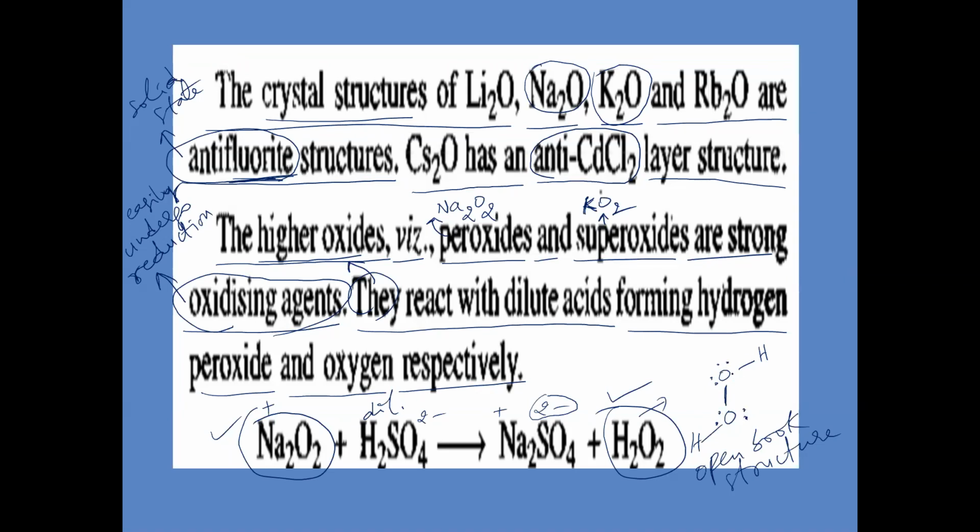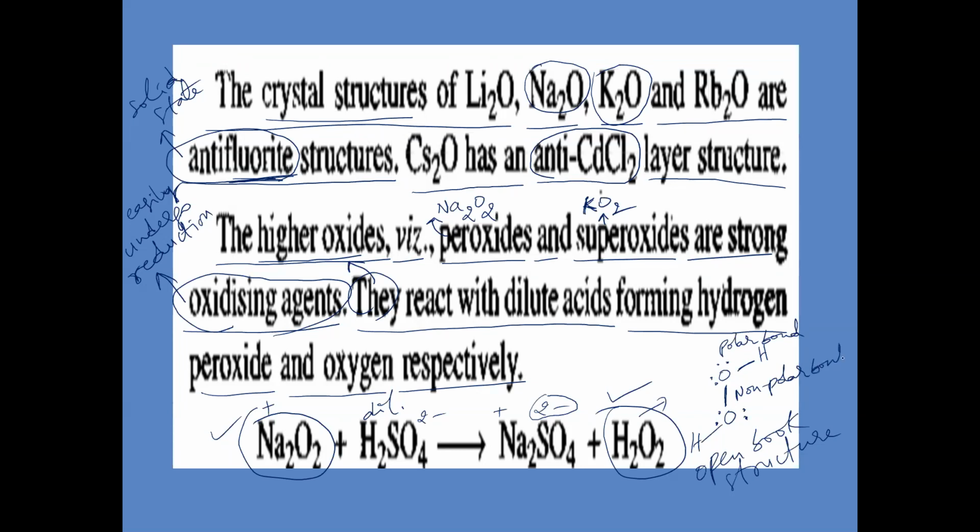The O-H bond is between 2 different atoms, so it is a polar bond. The covalent bond between 2 different electronegative atoms is polar, with partial negative charge on oxygen and partial positive charge on hydrogen. The O-O bond is between 2 same atoms, so it is a non-polar covalent bond.